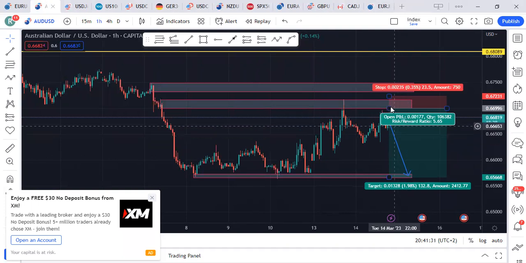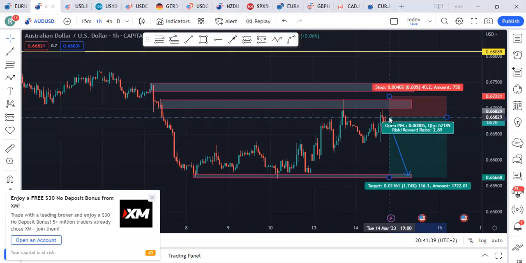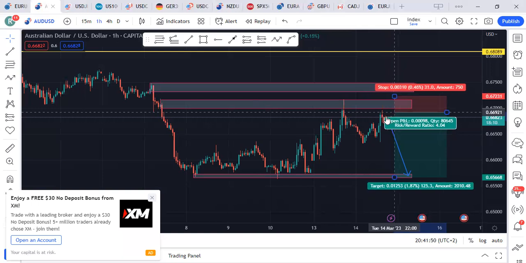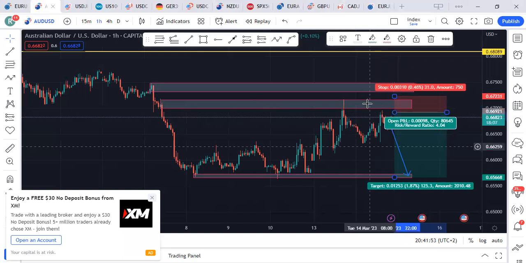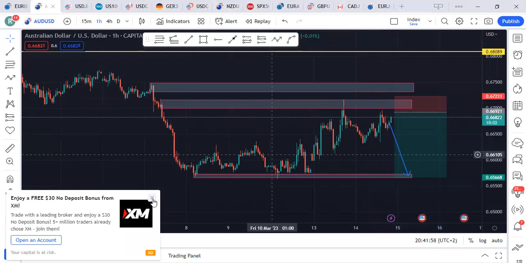But let's say you're taking this trade around these low points here, you'd be looking at around a 1:3 ratio, which is not really bad if it's still above 1:2. So it's a good trade, it's a good setup. I'm going to send the setup to all groups as well.